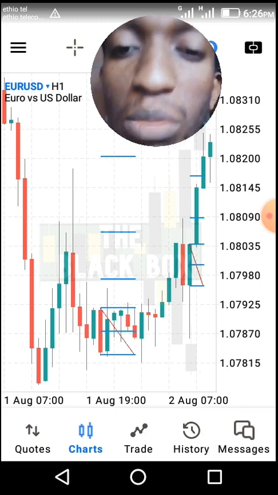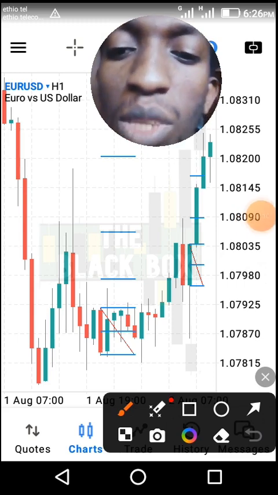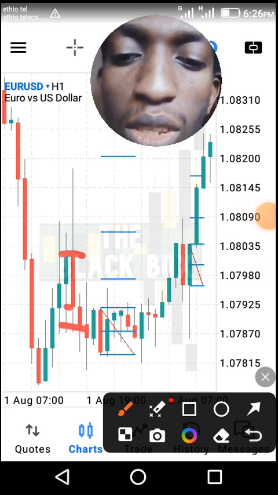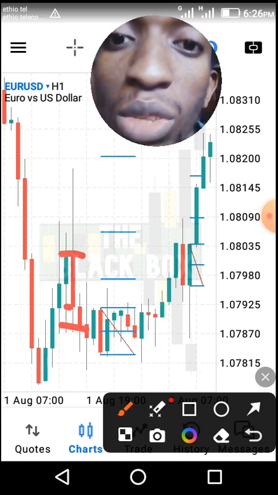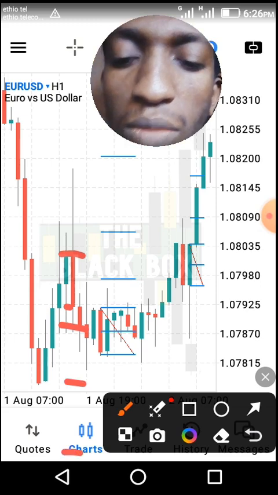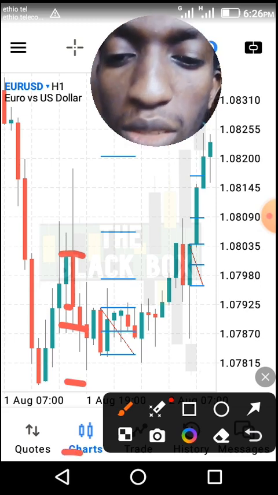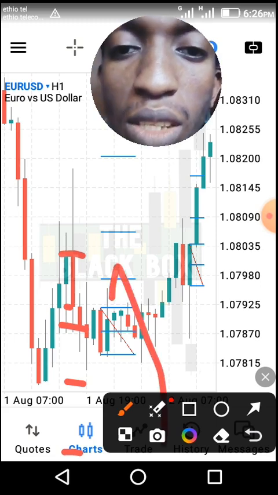So I'm gonna wait for the next black box, a smaller one. But I can use this for TP projection. So since it broke the downside, I'm gonna project the downside. Bam, TP2. So I'm assuming this price to go down there.